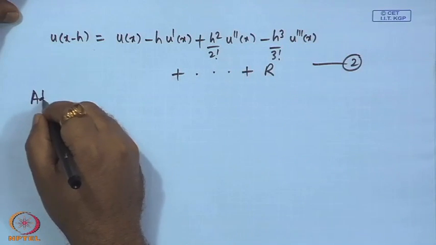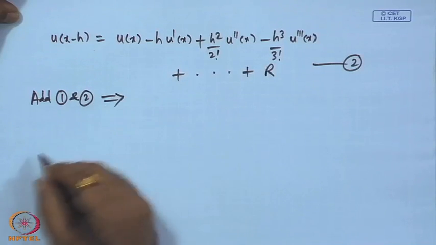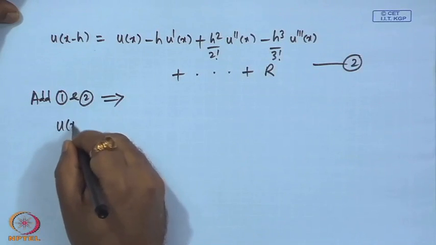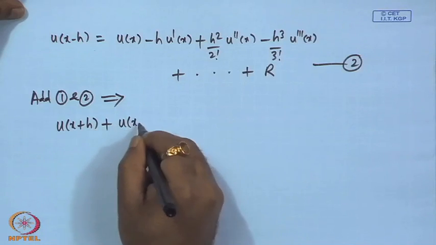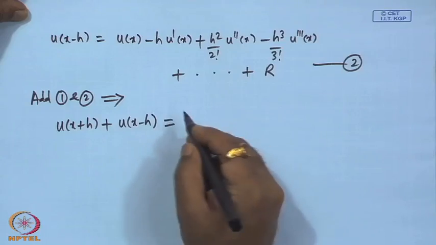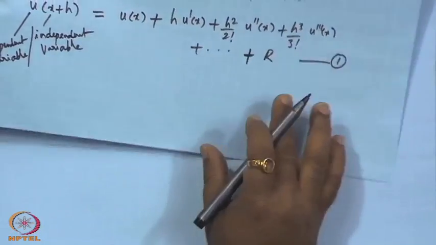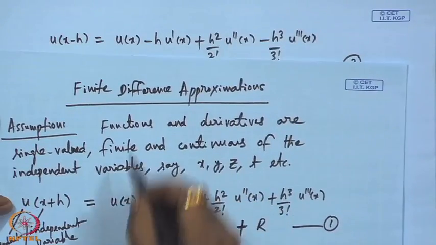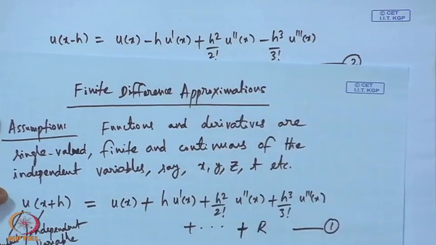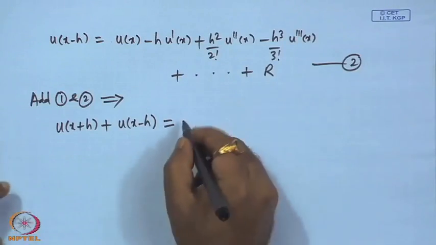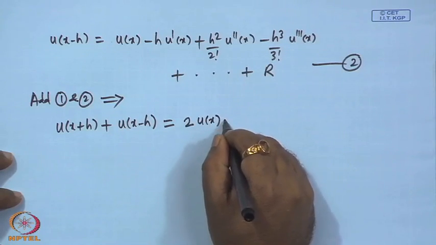Say we add 1 and 2. On the left hand side we get u of x plus h plus u of x minus h. On the right hand side, since the signs alternate, we see u twice, and the h terms get cancelled, so the coefficient of h is 0.